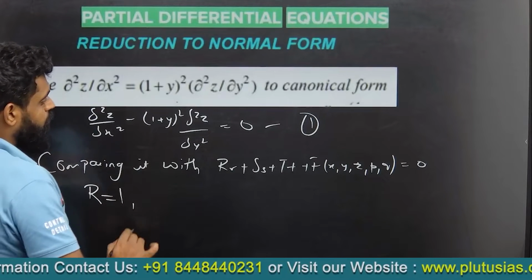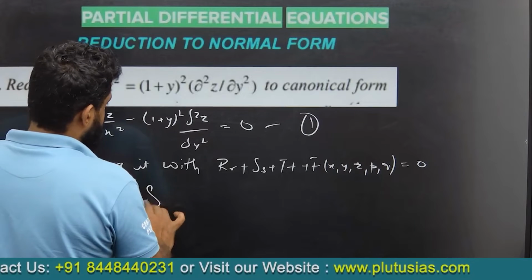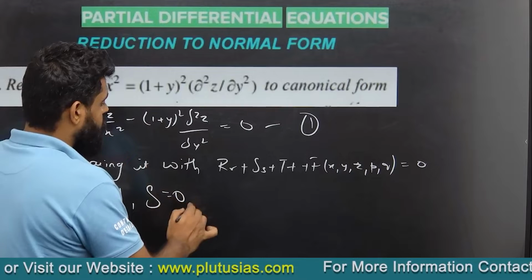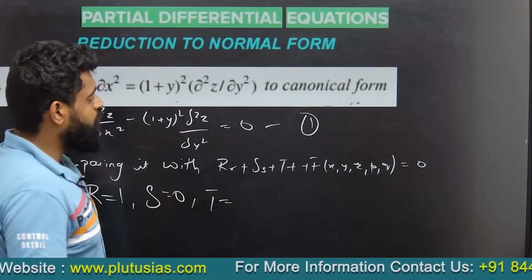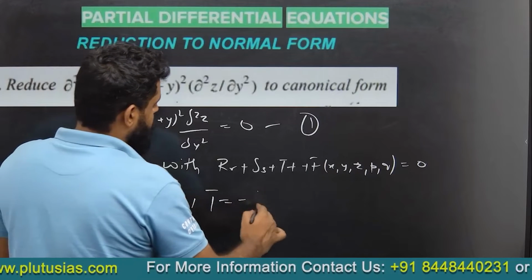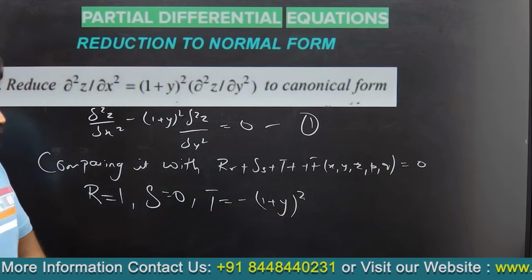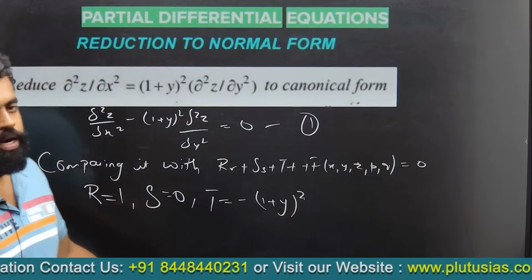And what would be the value of s? We don't have any term of s, so that would be 0, and for t we have minus (1 plus y) squared. Okay, so this is how we get it.